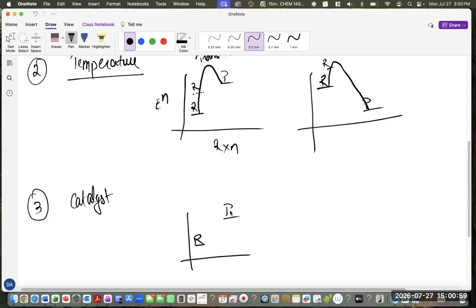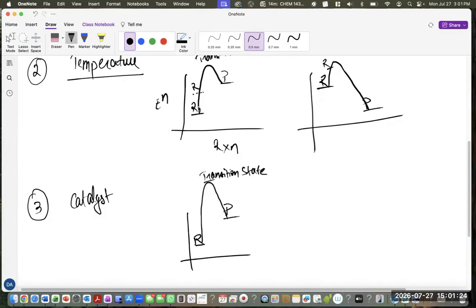So you've got reactants and products. And remember how I mentioned the reactants have to cross this big mountain, and we call this the transition state, right? So a reactant has to cross this big mountain to get to the product.